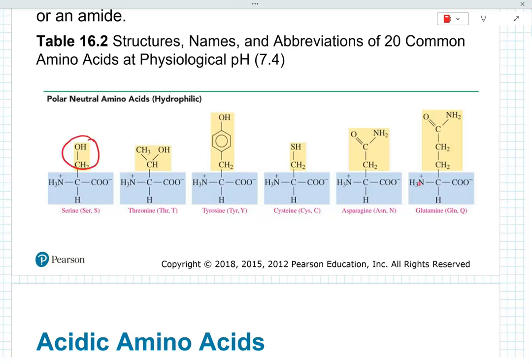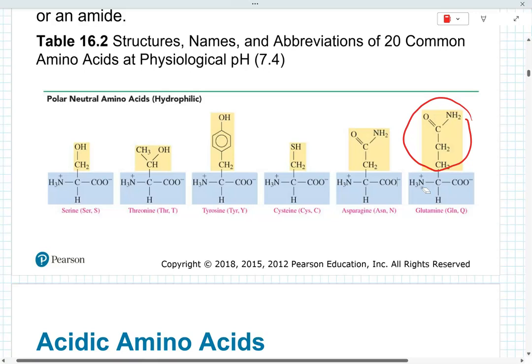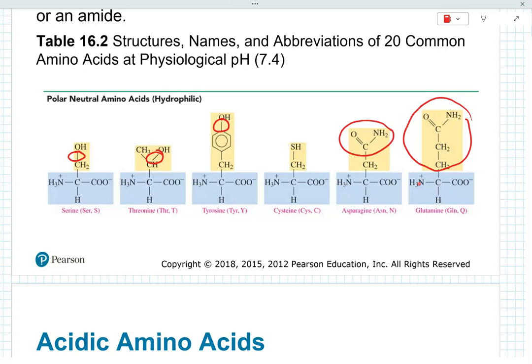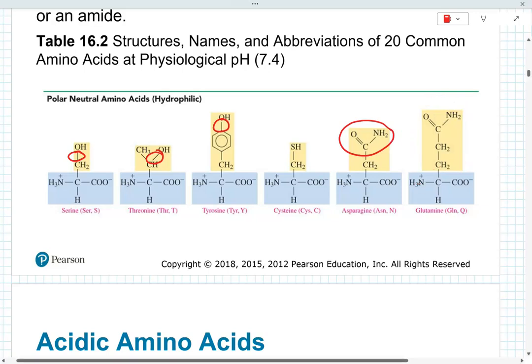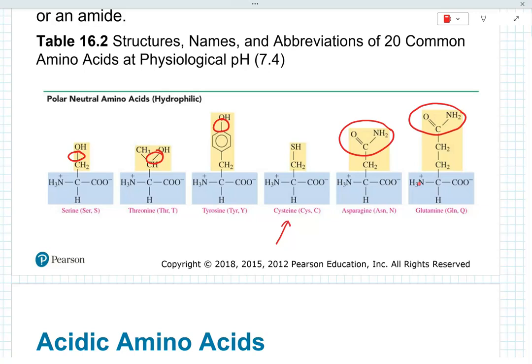From serine to glutamine, if you look at each amino acid, you see a polar bond between carbon and oxygen here, carbon and oxygen here, carbon and oxygen here, and these amide groups are really, really polar. But there is no charge, as you can see, right? Makes sense? Now, this is cysteine.